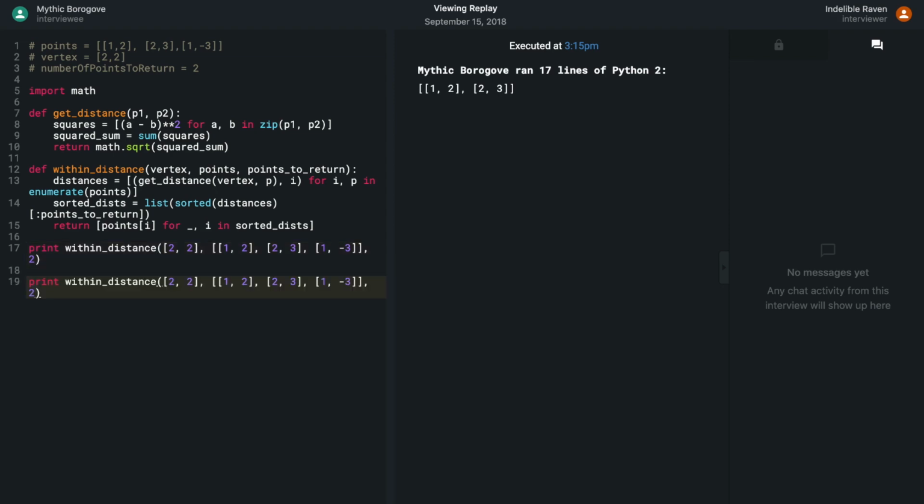So first of all, this isn't defended against if the dimensions are different, right? Sure. Should we do that? No, let's just leave it here for this. Okay. And so we should defend against this being an empty array. Yep. What should happen if it says to return 2 things and it can't?